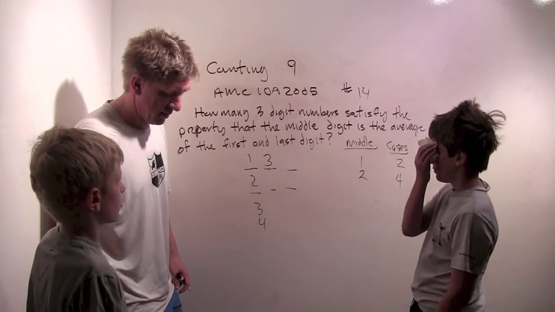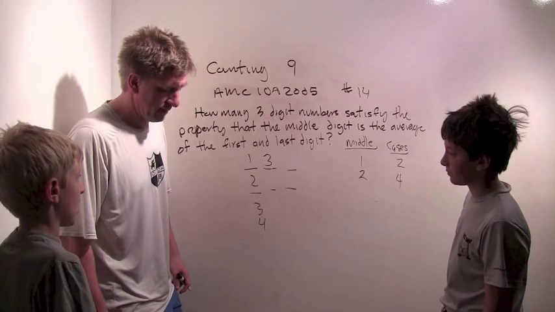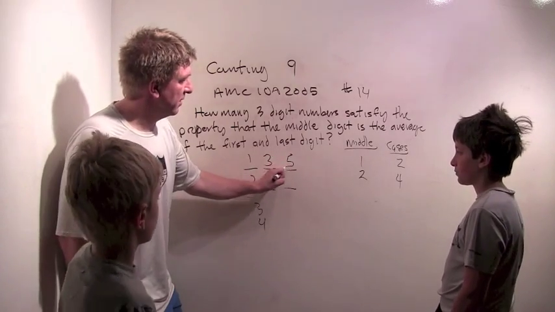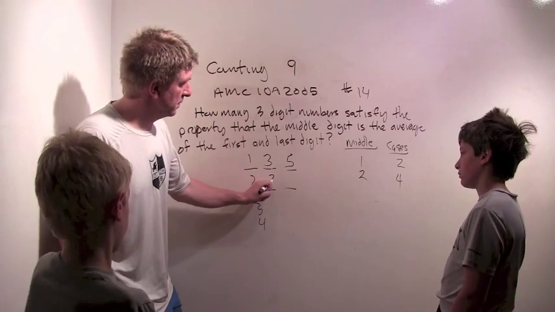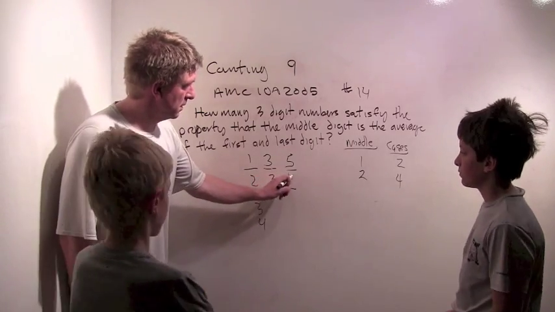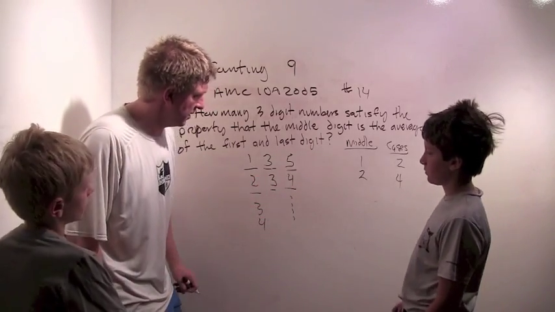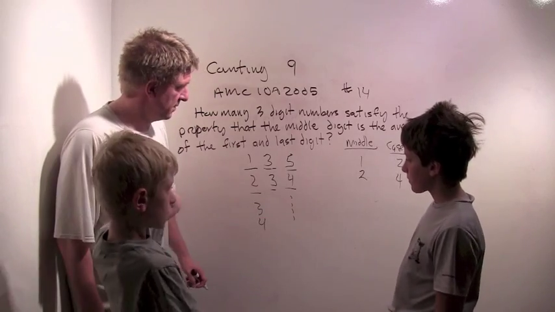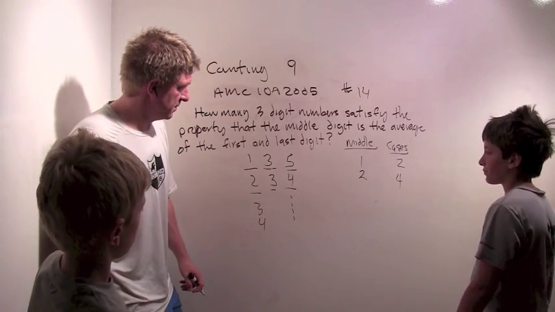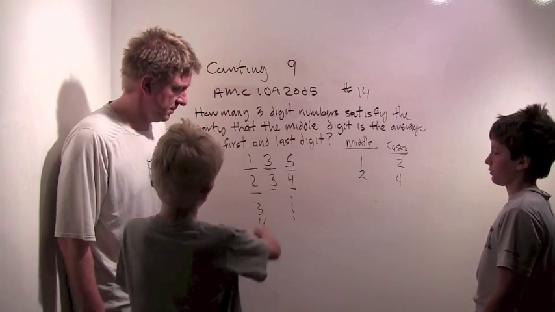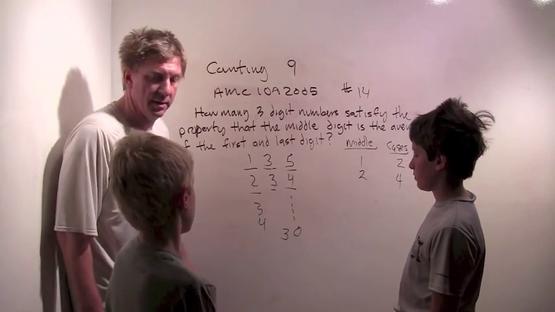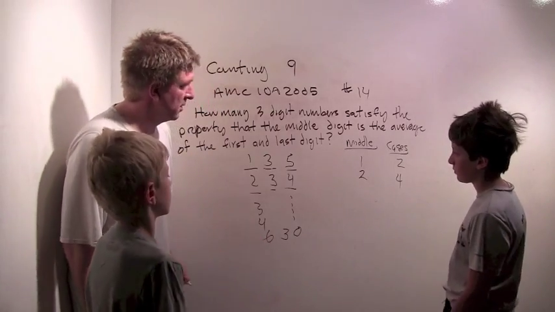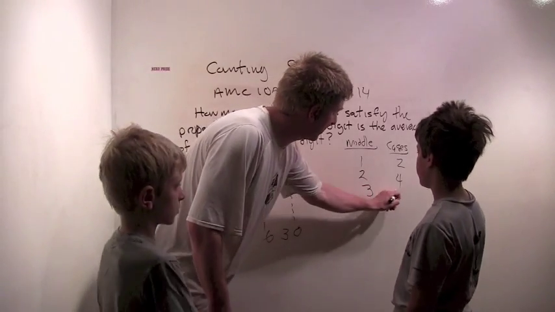The first case is 1, 3, 5. And 2, 3, 4. Okay, and it goes down to what? What's the last case? It would be 6, 3, 0, because with 0, you have 6. So with 3, there were 6 cases.